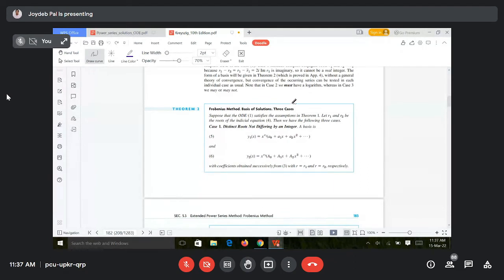I am assuming that the roots of the indicial equation are r1 and r2, and if the roots are not differing by an integer, then what will the solutions be? The first solution will be x to the power r1 summation a_m x to the power m, the same form as before. And the second solution will also be in the same form: x to the power r2 summation m from 0 to infinity a_m x to the power m.